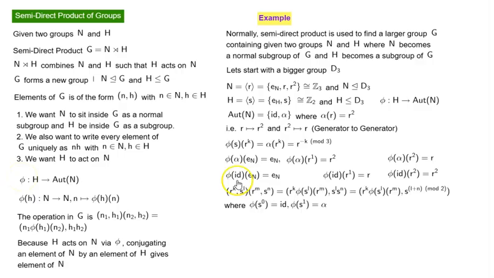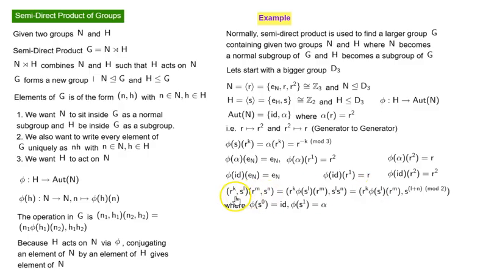So R to the power of K, comma S to the power of L, because remember these are rotations and S are reflections. So we can rotate it any number of times. We can reflect any number of times.